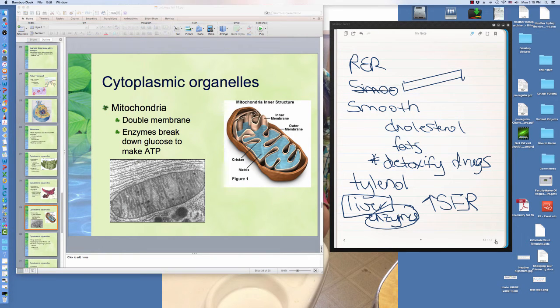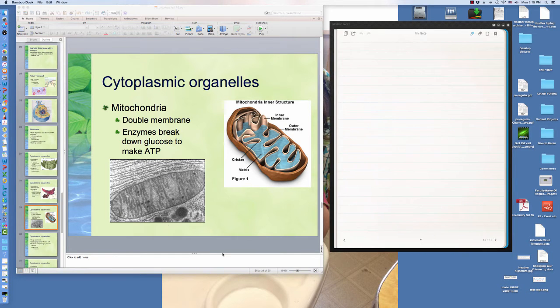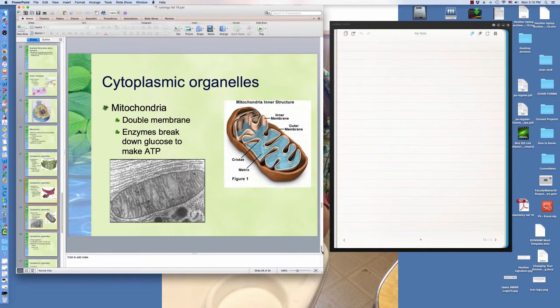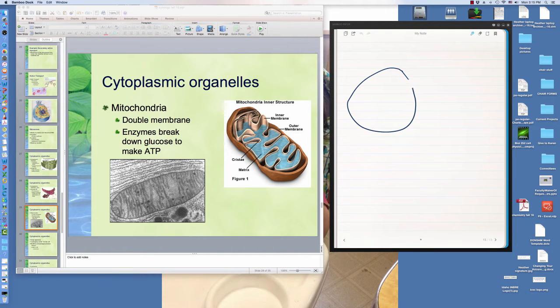Another organelle that you might be familiar with, heard of before, is the mitochondria. The mitochondria is another double membrane structure. So if you have your cell and your nucleus, you might have a mitochondria out here.